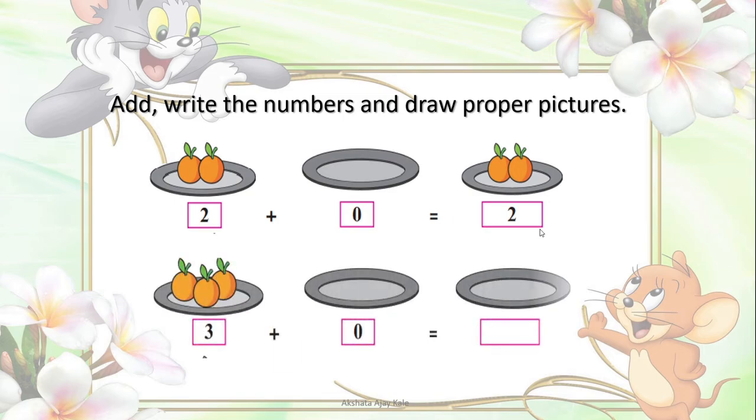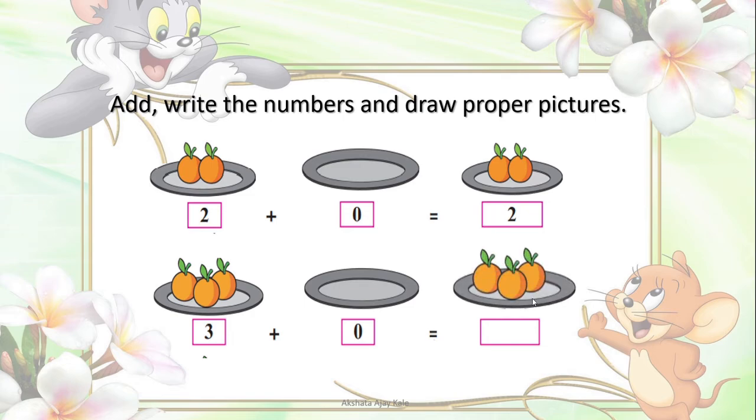Now see this. Here we can see 3 fruits. It is written 3 plus 0. Nothing is there on the plate. So 0. Come on, tell me how many fruits will be there in the answer. When we add 0 to 3, what we will get? 3 fruits plus no fruits is equal to, yes, very good, 3 fruits.